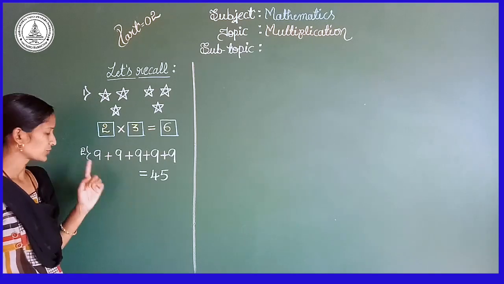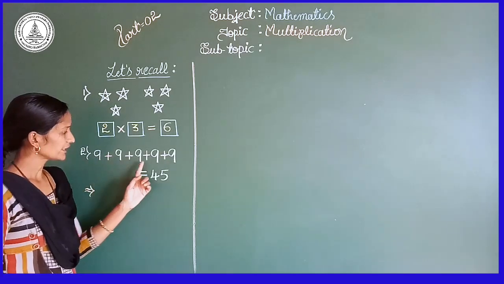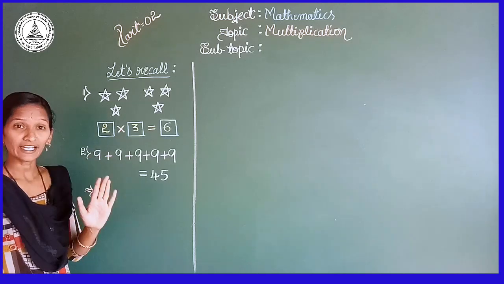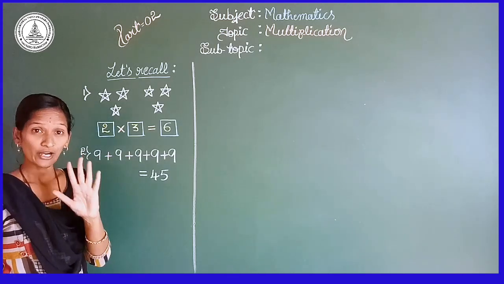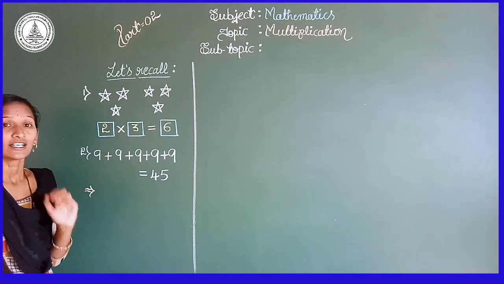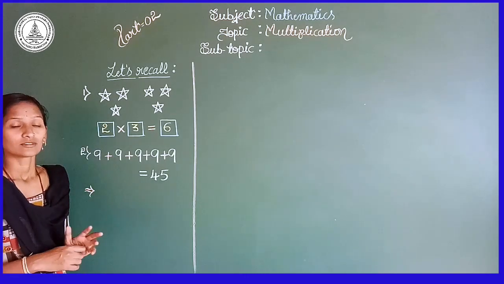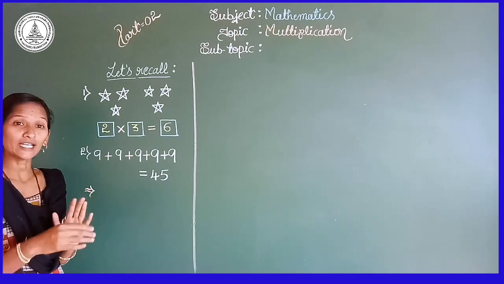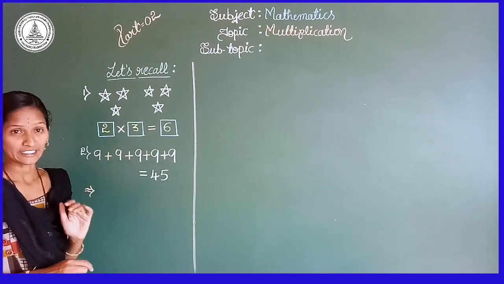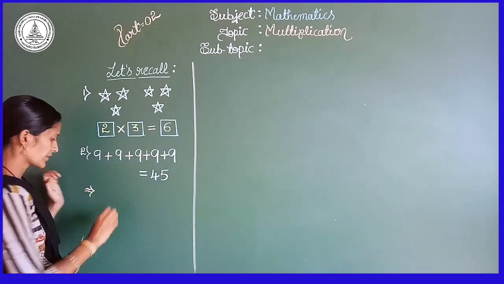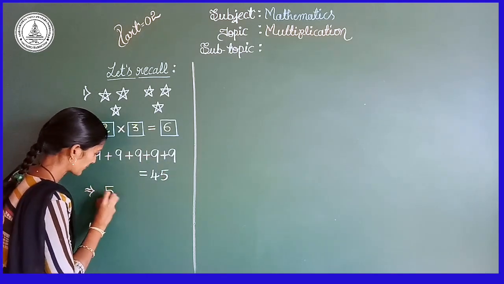How many times? 1, 2, 3, 4, 5. So they add the number 9 how many times? 5 times. So first write down how many times they added repeatedly. Here they added 5 times. So I am writing 5.